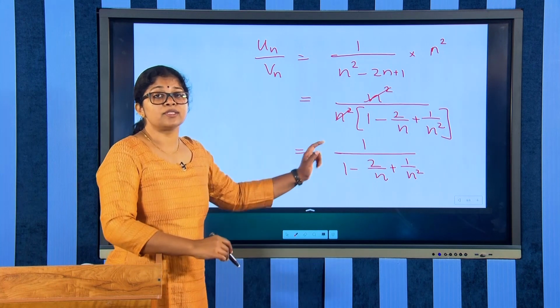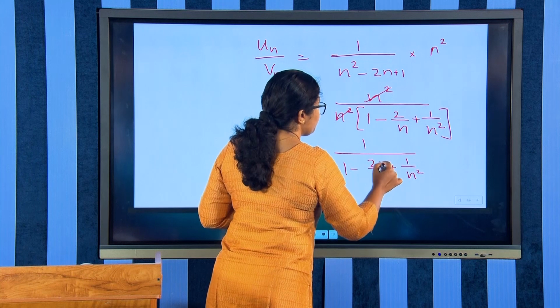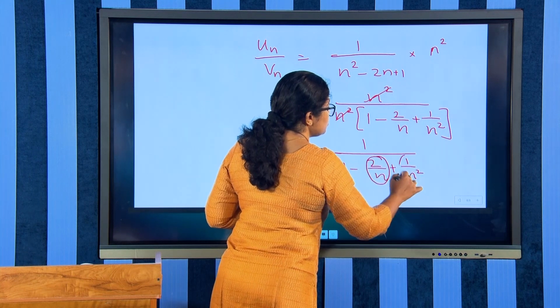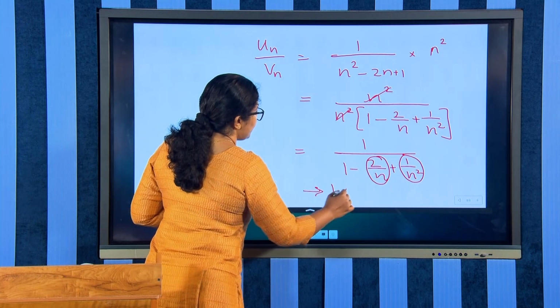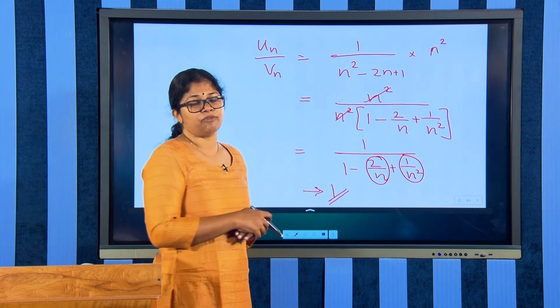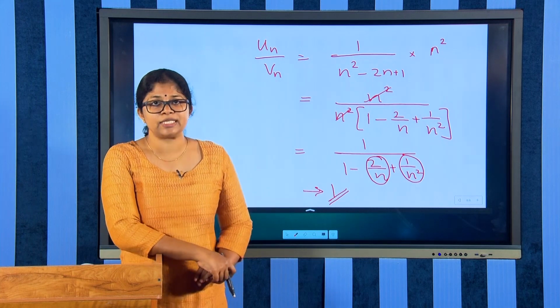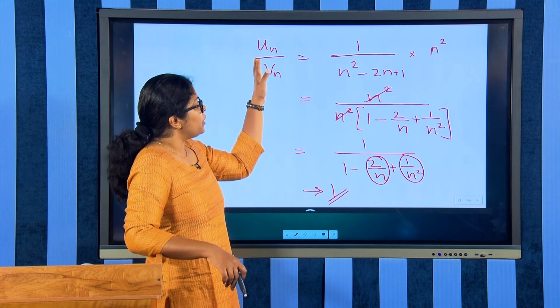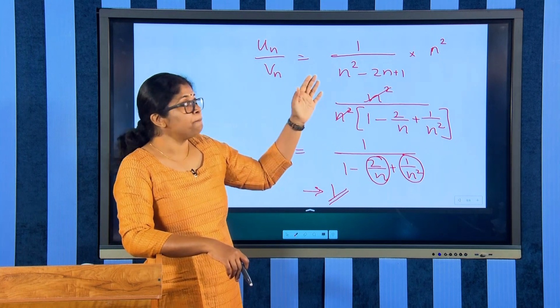Now, as n tends to infinity, what happens? These two terms go to 0. So, this and this go to 0, which means you will get it as 1 as n tends to infinity, and 1 as we know is a non-zero finite quantity. So, summation Vn and summation un will converge or diverge together.